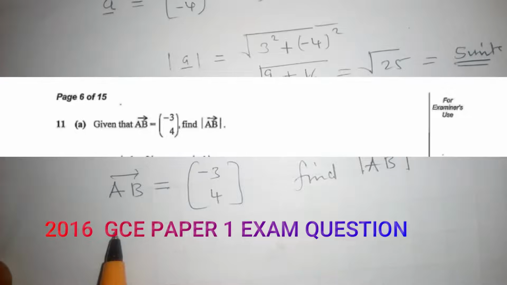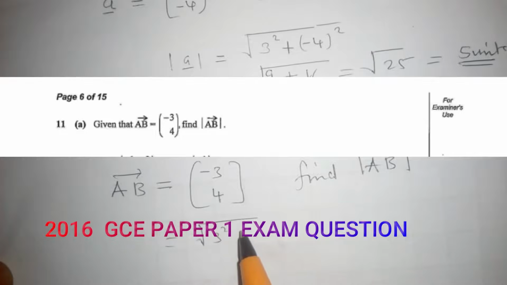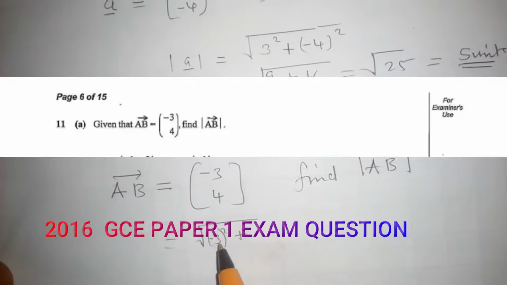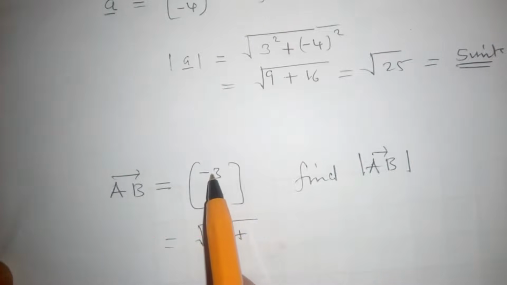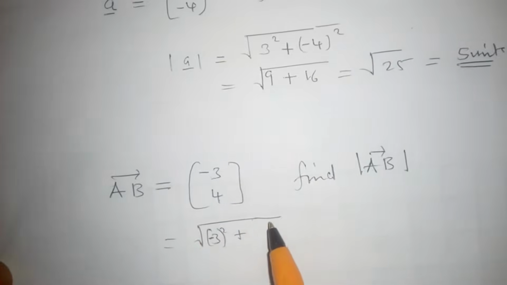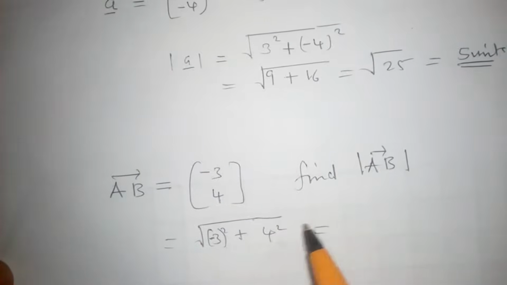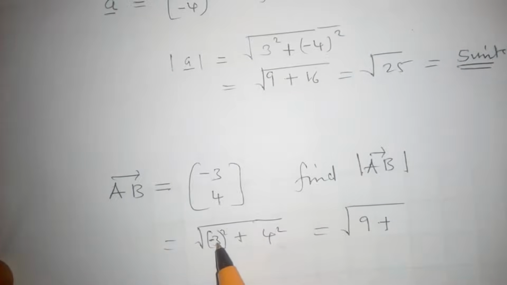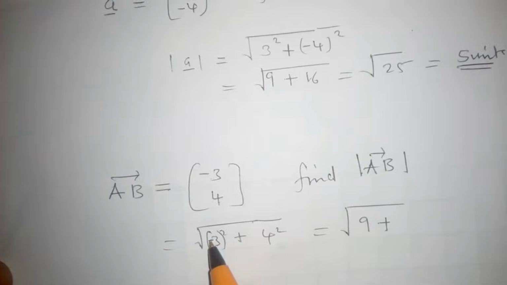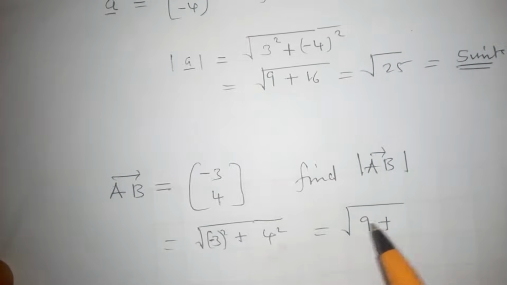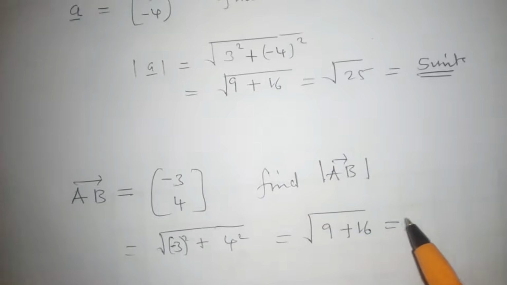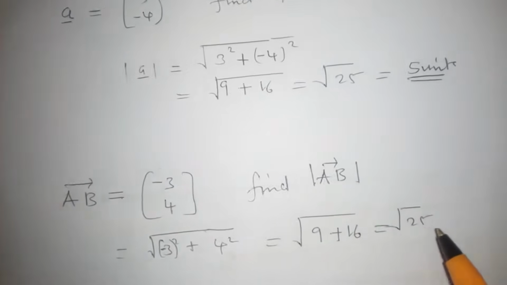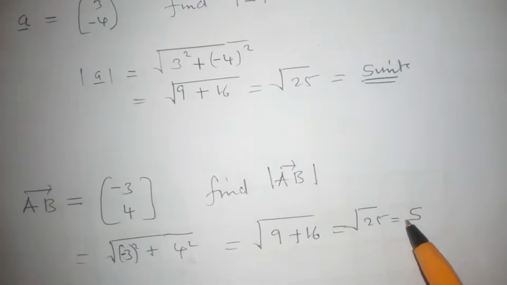These and these are just the same questions. So you do what you did there, you get the number which is on top. So you see there is a negative here, that's the only difference, but in terms of length, they're just the same. So when you square -3, you find that your answer is positive 9. Remember to put the brackets if there is a negative sign. Here 4 squared is 16. So when you work out things, you find that your answer will be 25. And here you have 5 units.